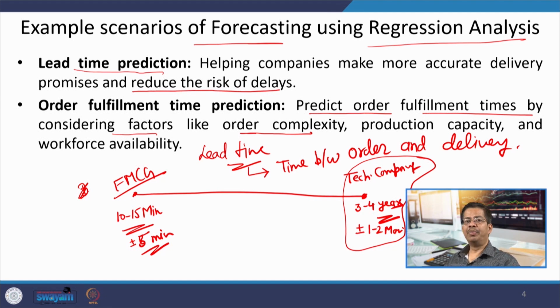You may or may not have the production capacity, you may or may not have the kind of testing facility which is required, and the requisite manpower, knowledge and know-how. All these things make this estimation a very complex process. So, with the help of analytics, whether it is regression analysis based analytics or AI ML based analytics, it generally helps in your order fulfillment time predictions.